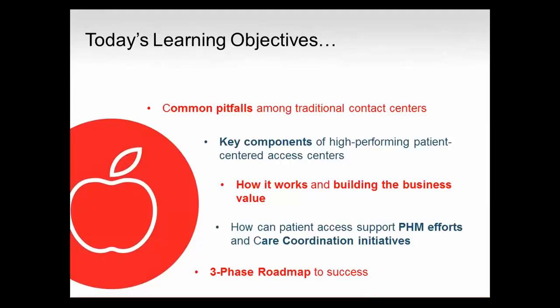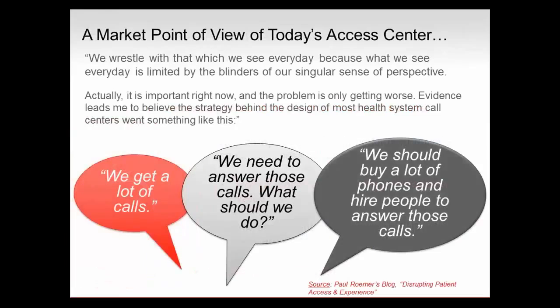Those things tend to need to work together to drive an effective patient engagement strategy. And then finally, what's an easy three-phase roadmap that you can follow to start to implement some of these initiatives and objectives? So with that, I will step right in.